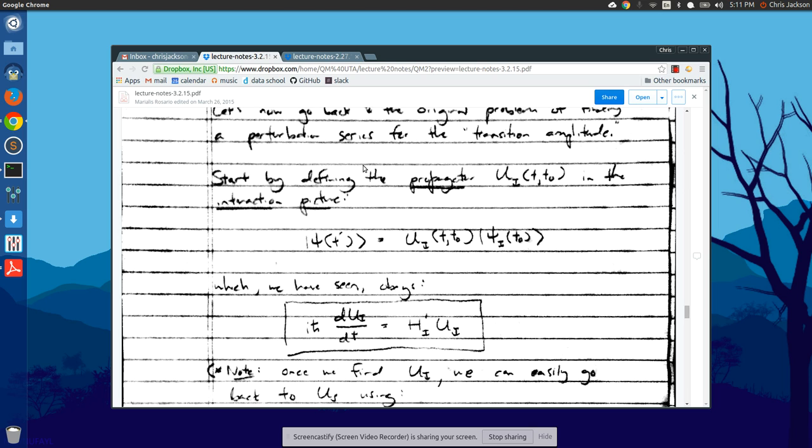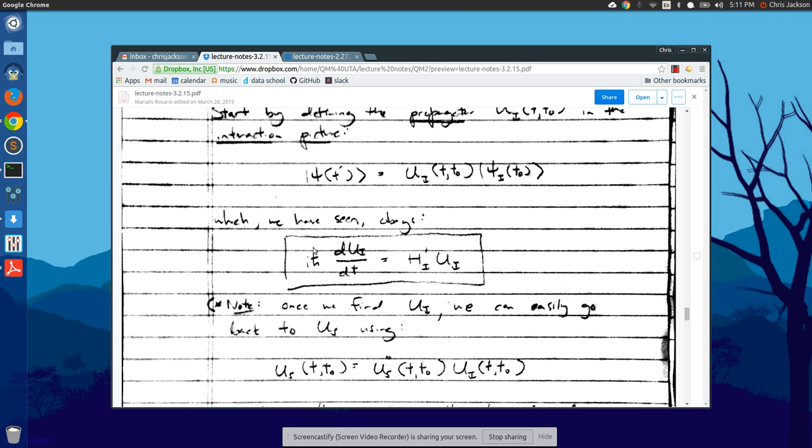So we start by defining the propagator in this interaction picture to be, its action. What it does is it operates on our initial interaction picture ket and gives us the ket at some later time t, right? And we've already seen that this thing, you can compute it.